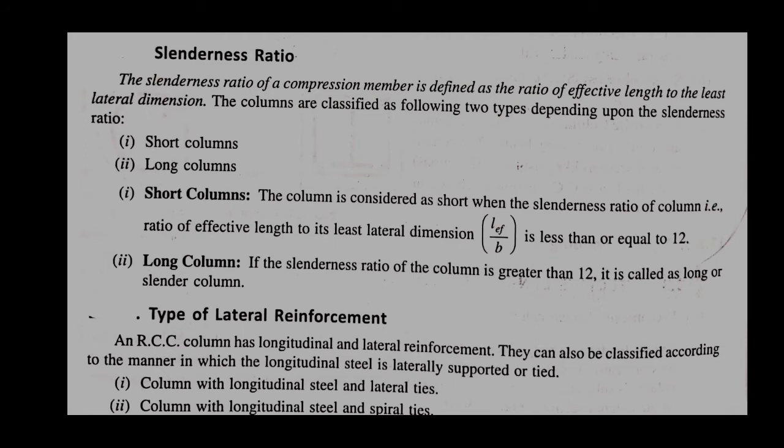In any question or problem, effective length may not be given, but length may be given. If length is given, we have to find out effective length from table number 28 of IS 456 2000, and the effective length depends upon the support condition of the column.